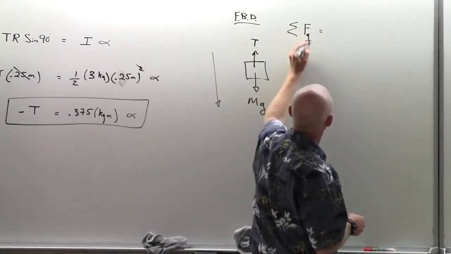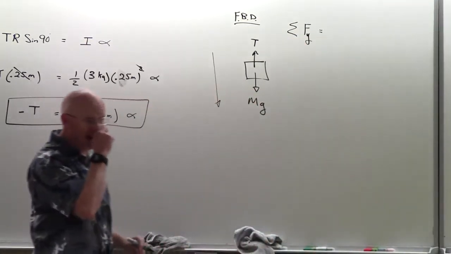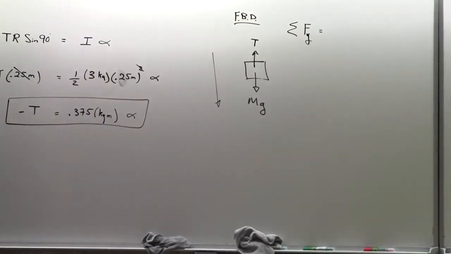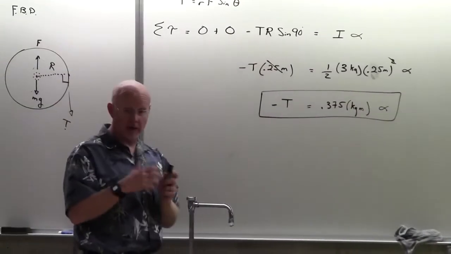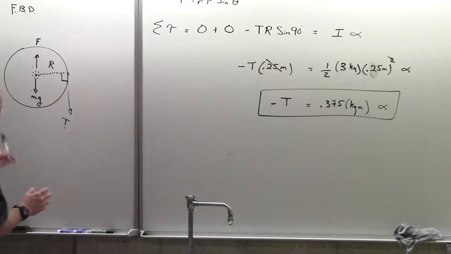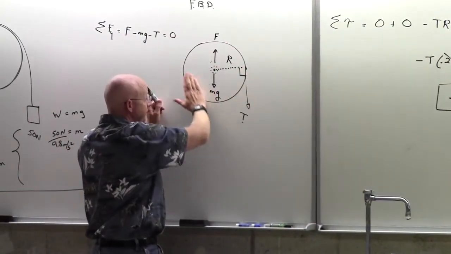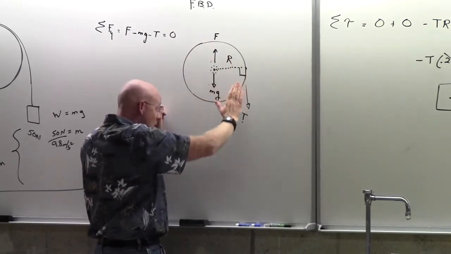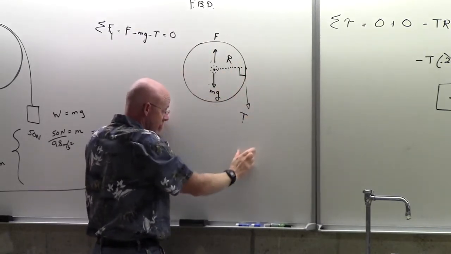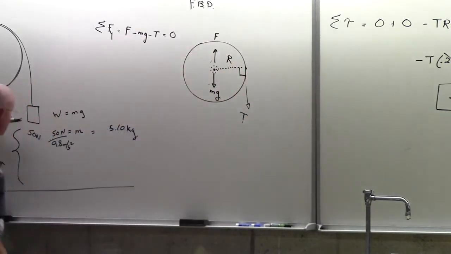I'll call it the y direction, but also I want to make sure, just like when we did in chapter 5, that I don't confuse my signs. And so this one, when this thing rotates in a clockwise direction, doesn't it make this go down?